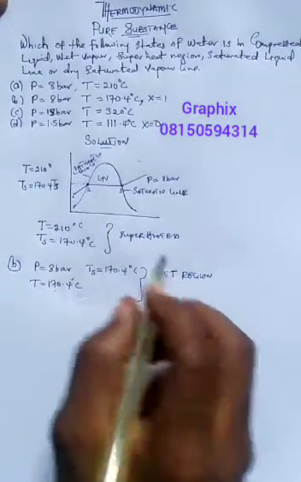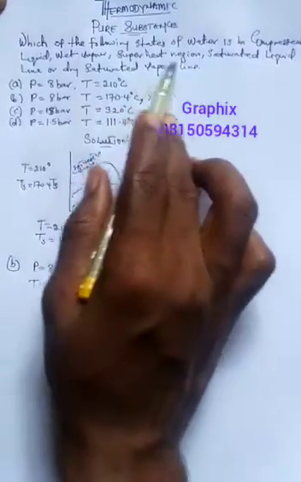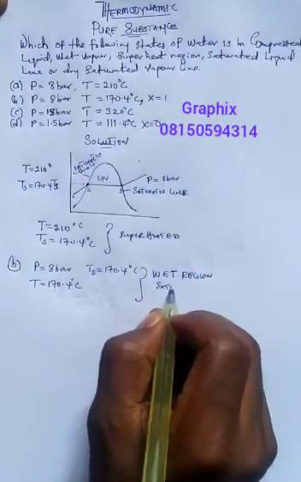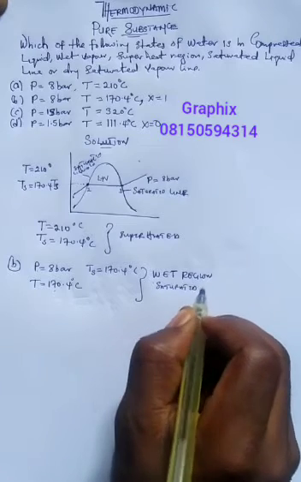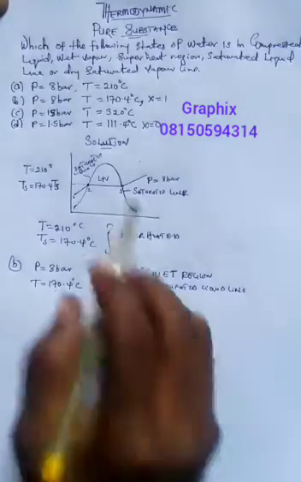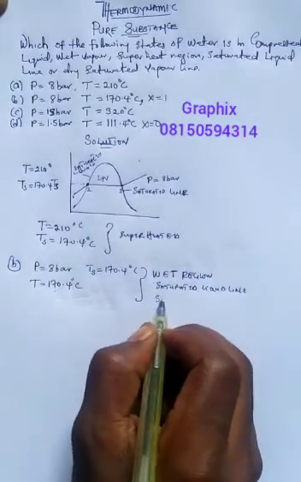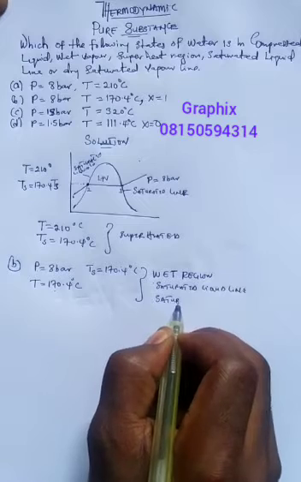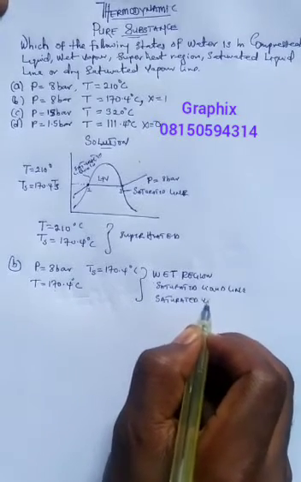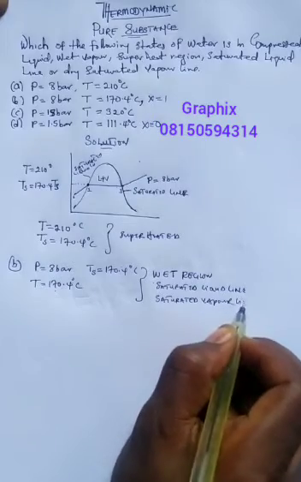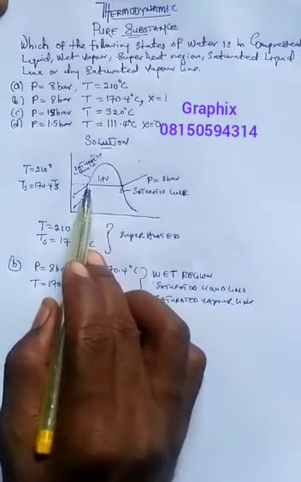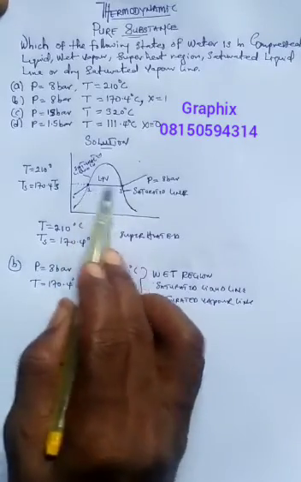And also it is the saturated liquid line, and also the saturated vapor line, because it falls within this dome here.